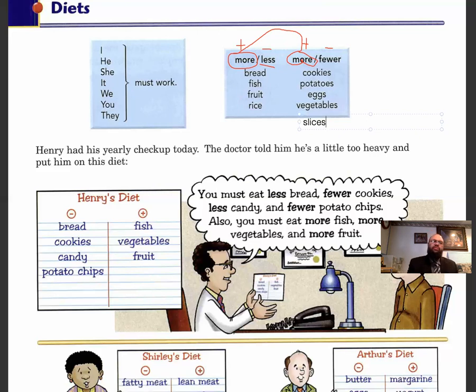So if I was to say, could I please have some more slices of bread? Because it's the same. Now, if I'm going to use where the minus sign is, I would say, could I please have fewer slices? Fewer, which is the same as less. The only difference is that this one's on the right side.